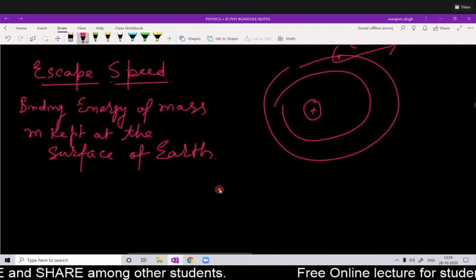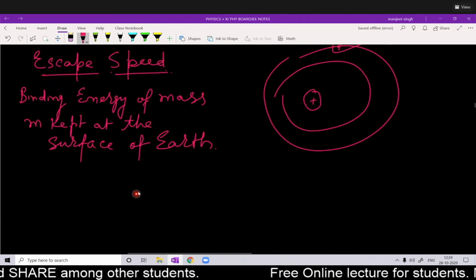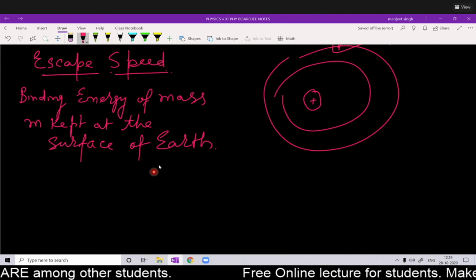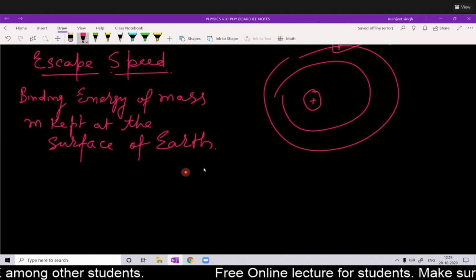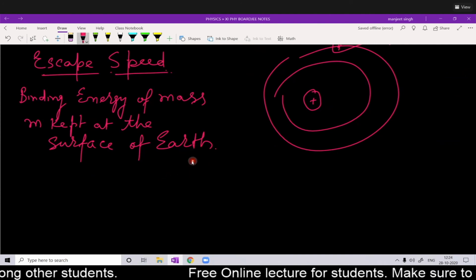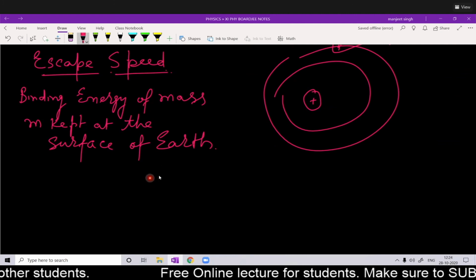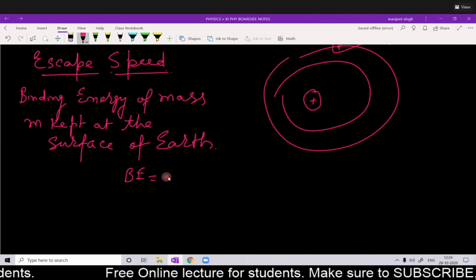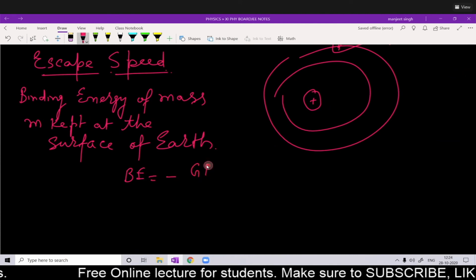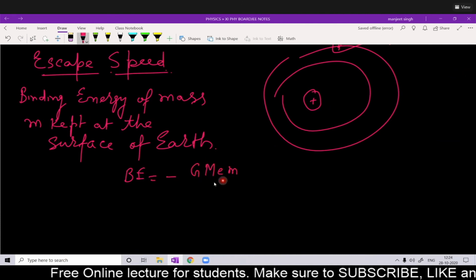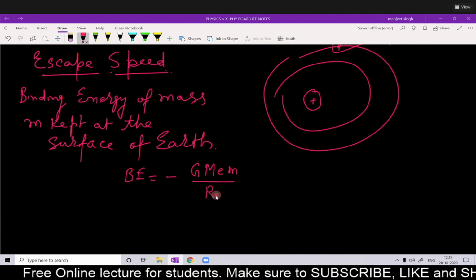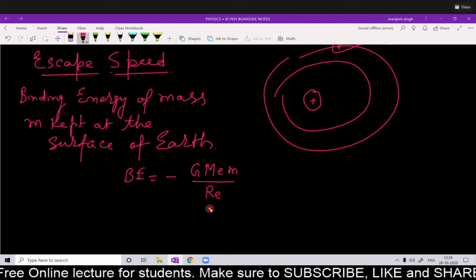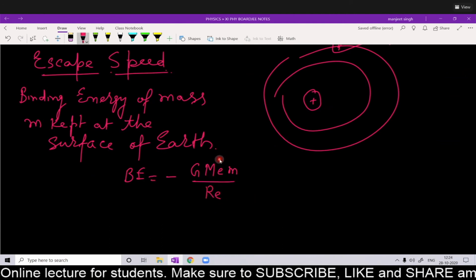Binding energy is given by the potential energy of that body and the earth. So binding energy will be minus G M_E m upon R_E, because it is at the surface of earth. Okay, that is the binding energy.